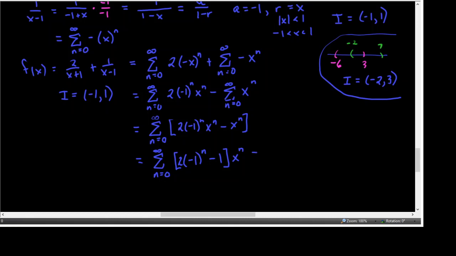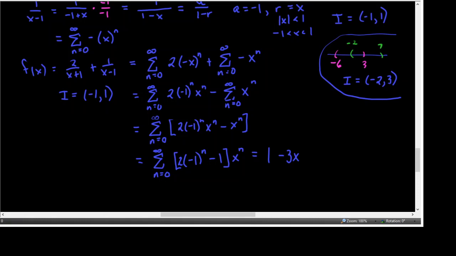And if we wanted that in expanded form, putting in 0, negative 1 to the 0 is 1, 2 times 1 is 2, 2 minus 1 is positive 1, times x to the 0, which is 1, becomes 1. Then put in 1, negative 1 to the first is negative 1, 2 times negative 1 is negative 2, negative 2 minus 1 is negative 3, times x to the first, so minus 3x.